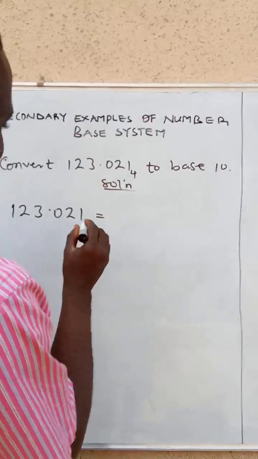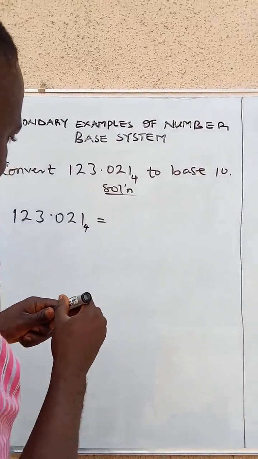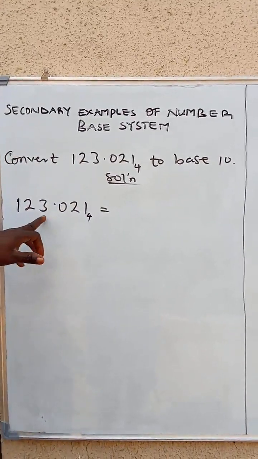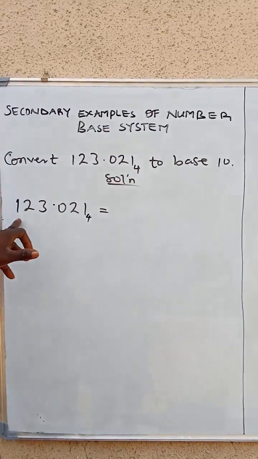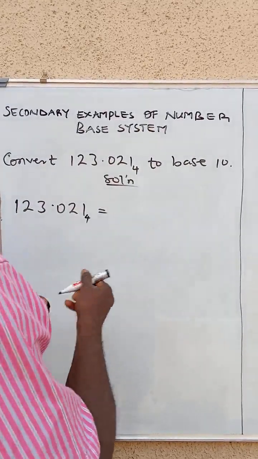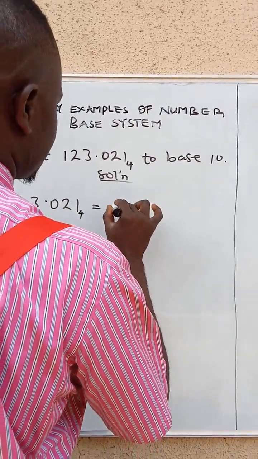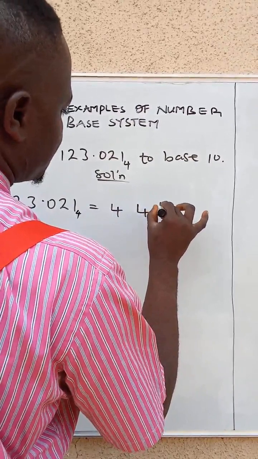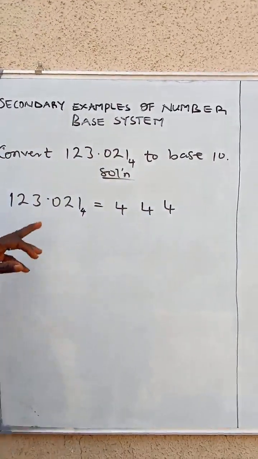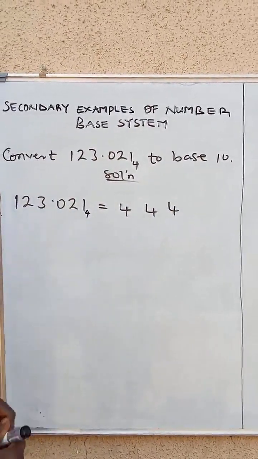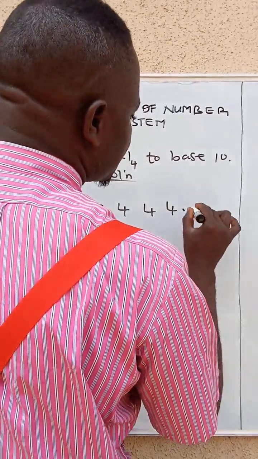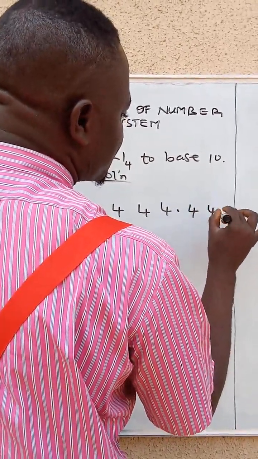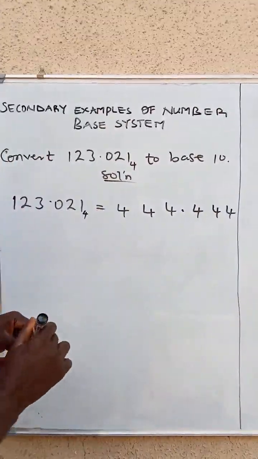The base they give to me is 4. Considering this place before the point, I have 3 numbers, 1, 2, 3. Alright, my base 4, 4, 4. Then point 1, 2, 3. Right, point 4, 4, 4. Good.